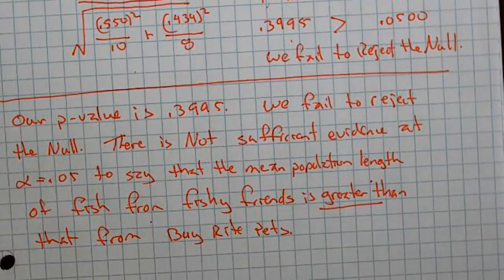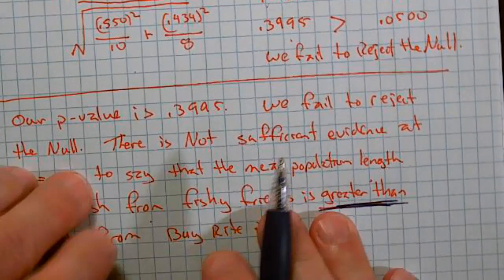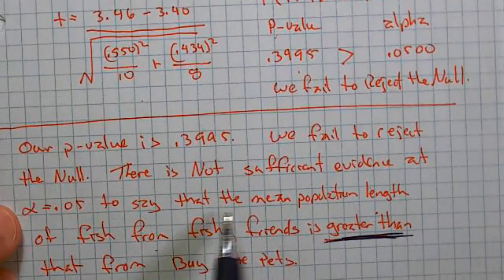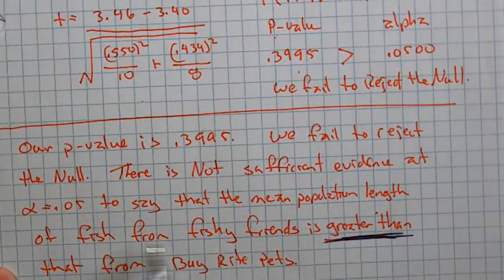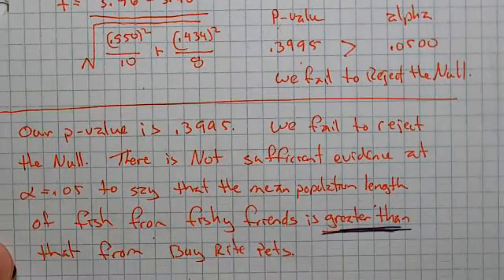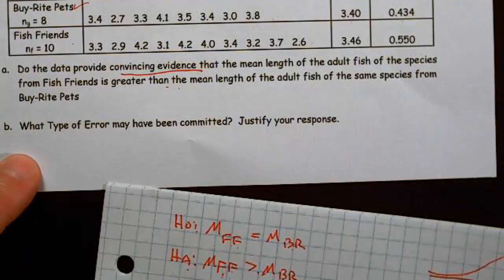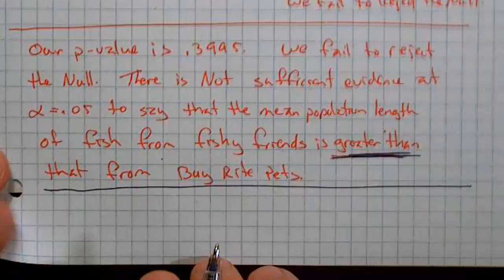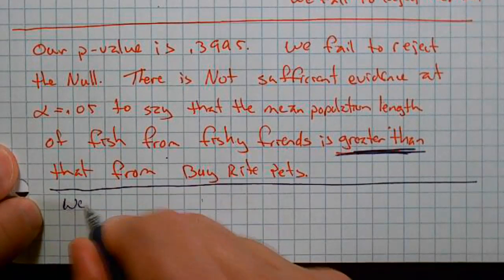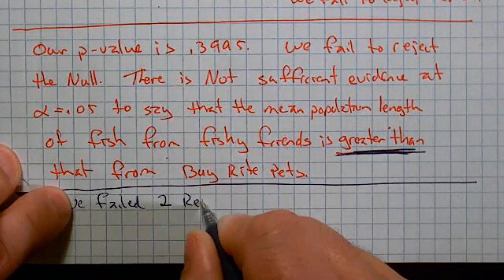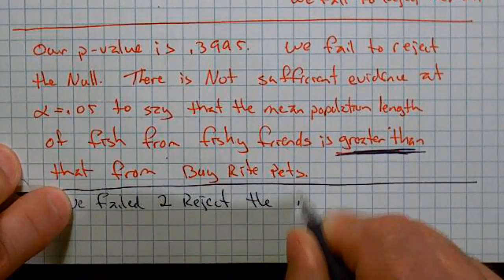Okay. Now the big thing here is greater than. Where did that come from? Mean Fish Friends greater than Buy Right. So that the mean population length of fish from Fishy Friends is greater than that from Buy Right Pets. All right. So that takes care of part A, and what type of error may have been committed? We failed to reject the null.